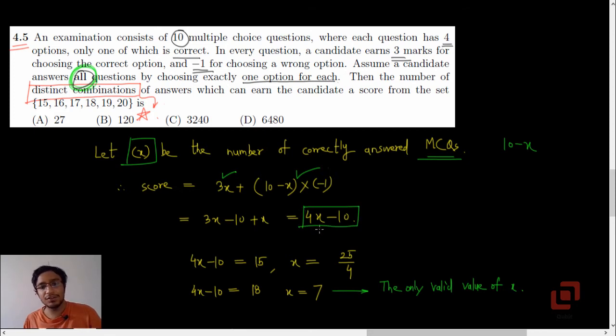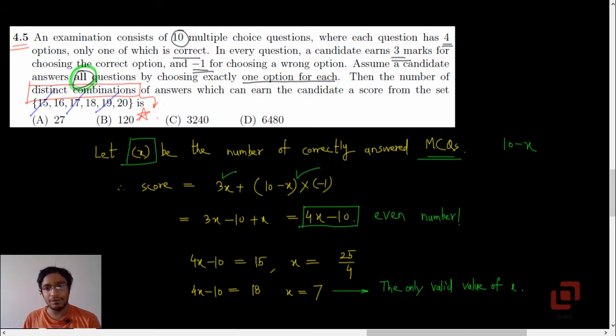Now this 4x minus 10 is always going to be an even number, because you have 4 into x, which is always even, and 10 is anyways even. So out of the elements in this given set, all odd numbers will go. So it's not possible to get a score of 15, 17 and 19 in this examination.